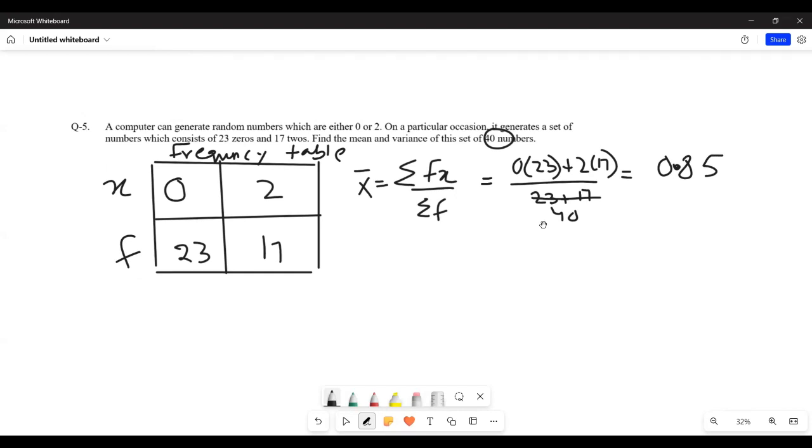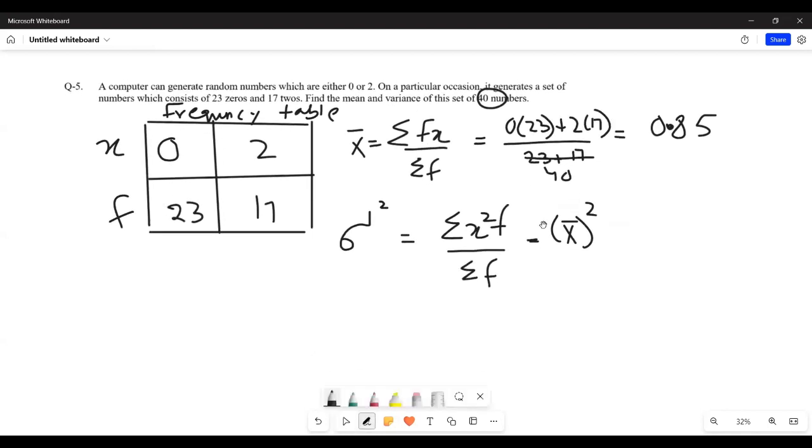Now we have to find the variance. So the formula for variance is sigma squared, which is summation x squared f upon summation f minus mean squared.